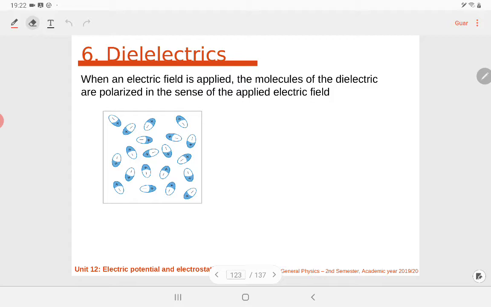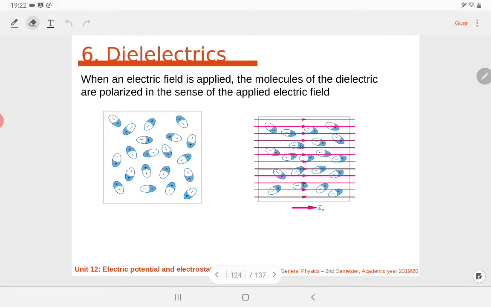So it could be made of polar molecules that, if you remember, have small dipole moments like the ones shown in this picture, that are oriented quite randomly if there is no external electric field applied.